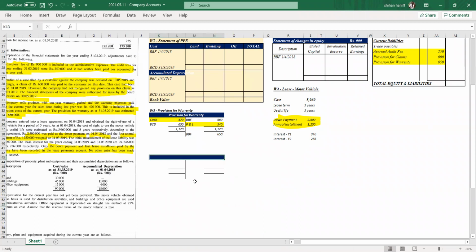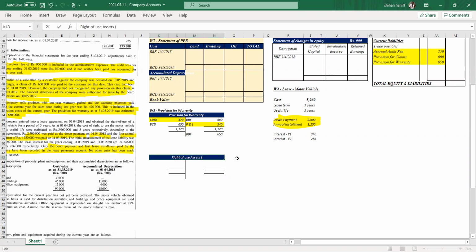So I'll draw an account: write-off use assets. This is the motor vehicle account. Right?